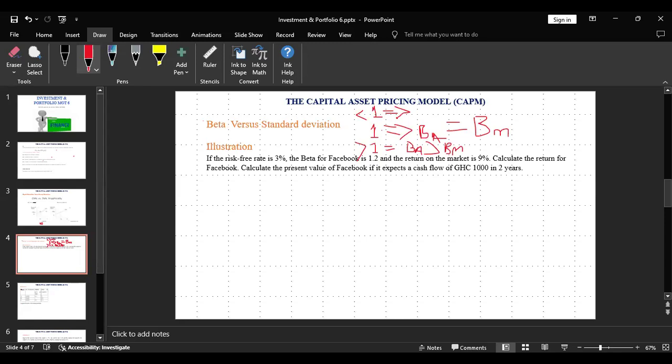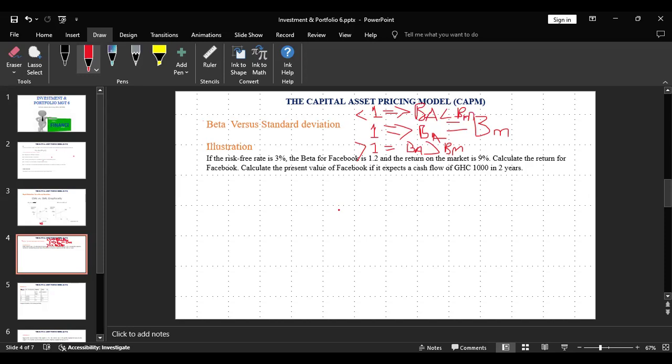It means the risk of your investment is lesser than the risk of the market.